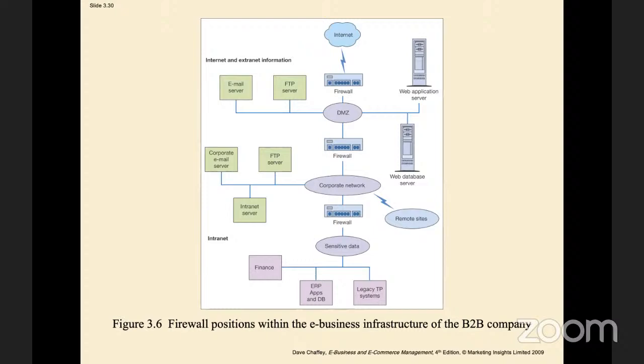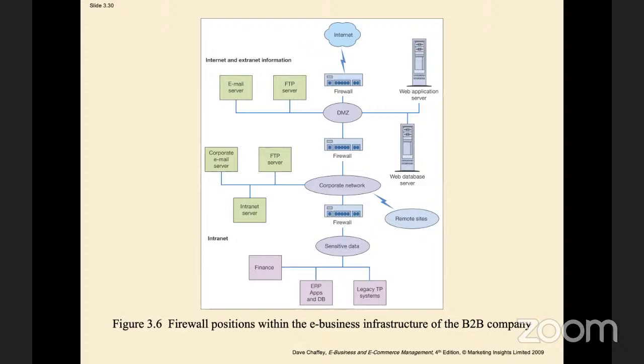So it is the in-between to have a check on the activities. Then from there, DMZ is to the corporate network. There is also a firewall in between, and also it is to have a check on the corporate email servers and FTP server and intranet server.